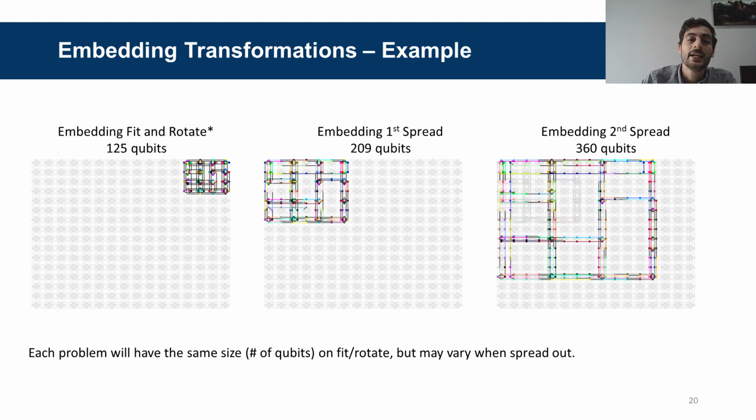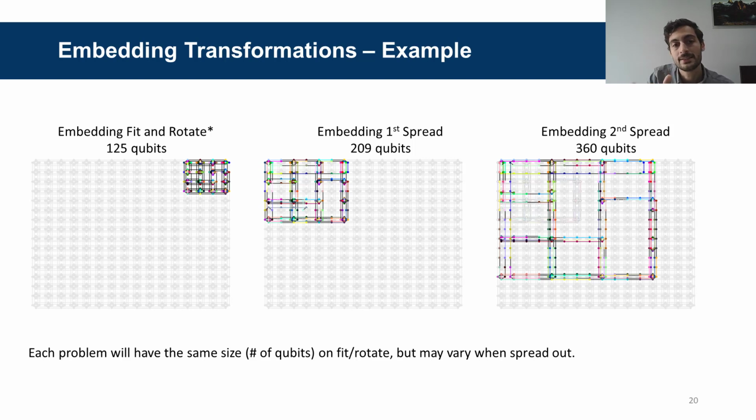So if we have first a chimera graph, which has some disabled qubits, what we do is we can move a chimera-shaped problem, synthetic problem, and find a fit. So that's what we call a fit. And just find somewhere where all the qubits are available and all the couplers are available.